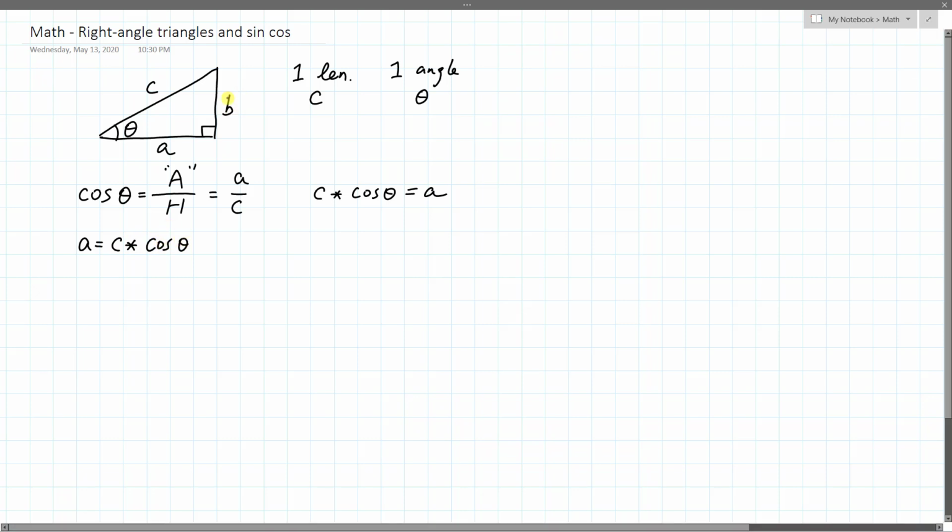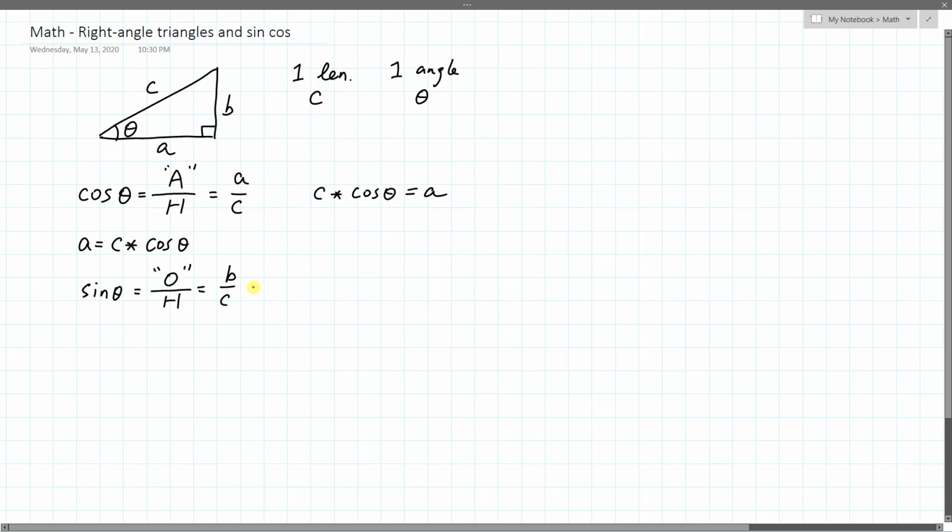Okay, so what about B then? We'll just introduce another sinusoidal function, sine theta, which is opposite over hypotenuse. This also is just a rule, depends on which angle we're concerned with. And in this case, opposite is B. So B over C. And we can do the same trick.